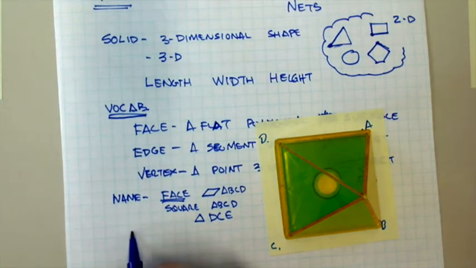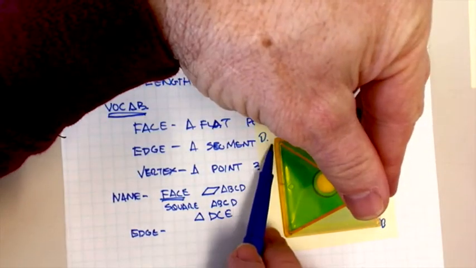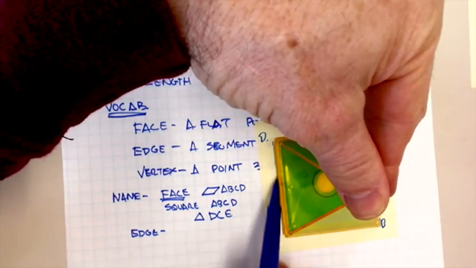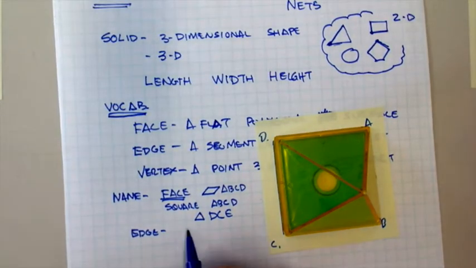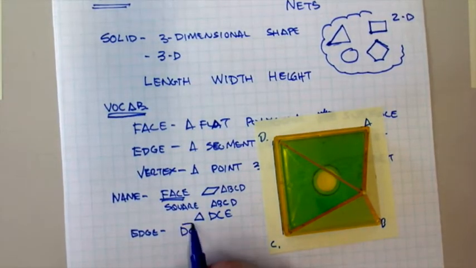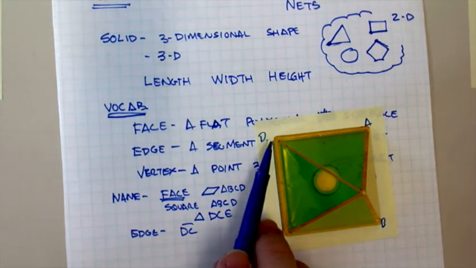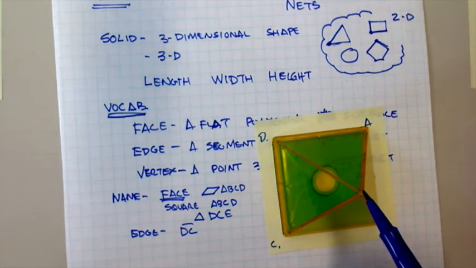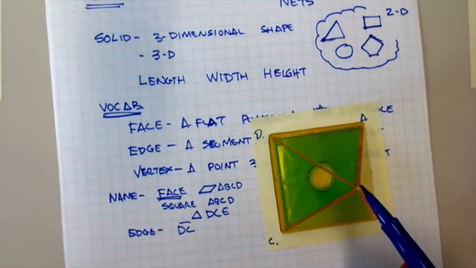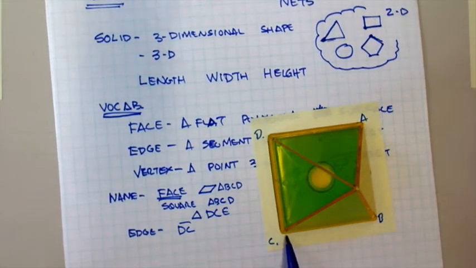If I'm naming an edge, of course, it is just a segment, so I could just name this segment here that connects C and D. This would be segment DC. This edge here, DE. This one, CE. Down here, we would even have BC.